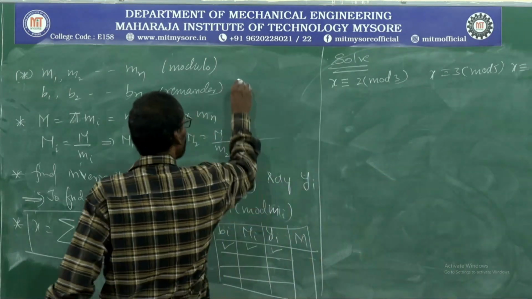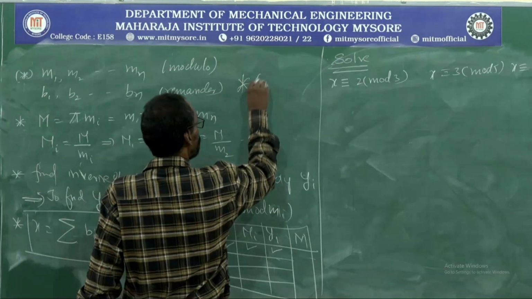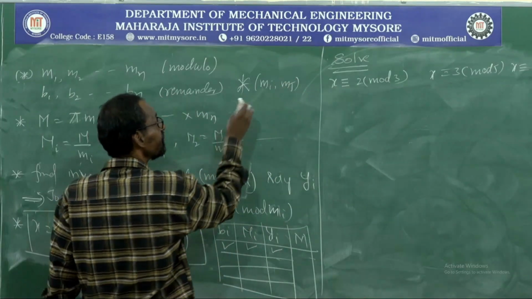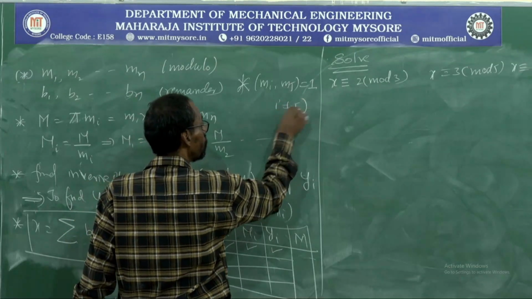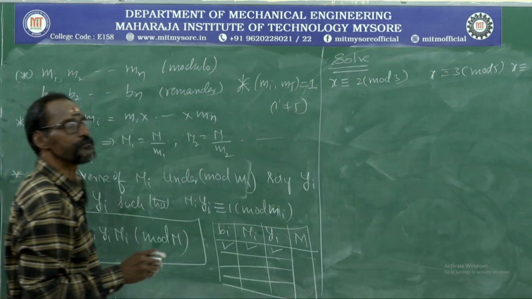What is a very important condition under Chinese remainder theorem? For small mi comma small mj, the GCD should always be equal to 1 for i not equal to j. Please verify that the pairwise moduli should be relatively prime.